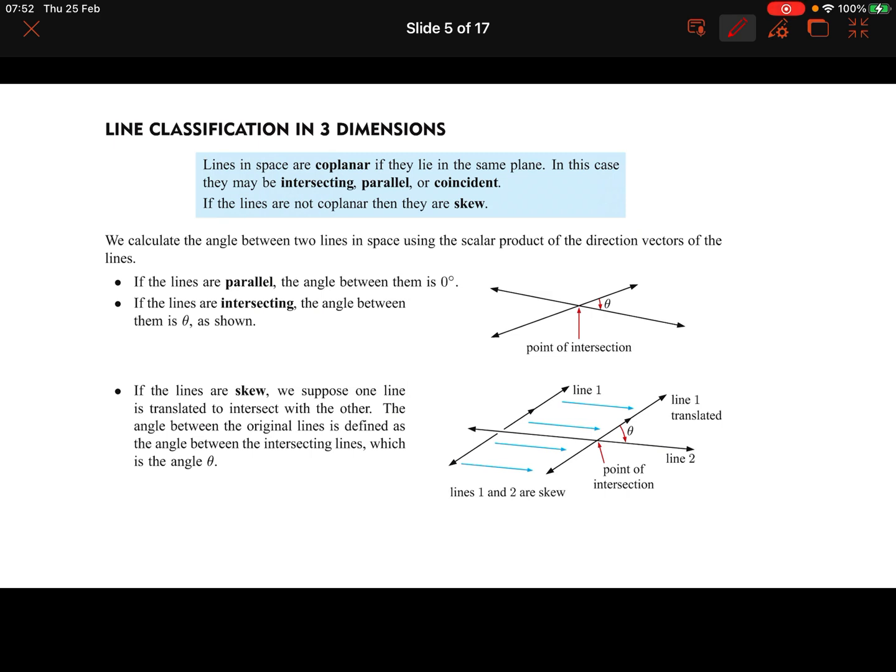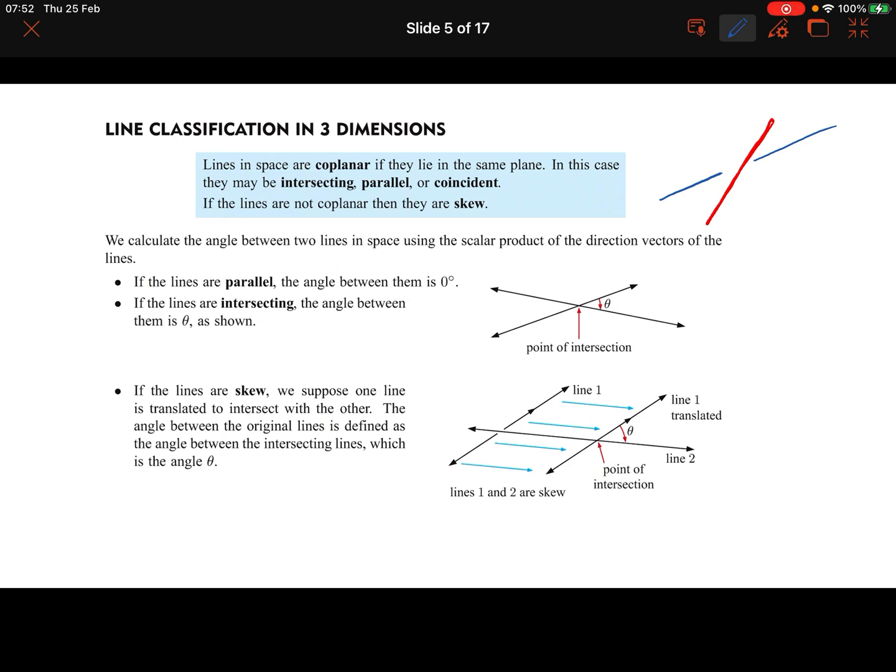Now, skew means they're not parallel, and they're not the same line, but also they don't intersect each other. You could imagine that you've got a line here, and then you've another line that maybe goes behind it, but never touches it because it's set back in 3-dimensional space.